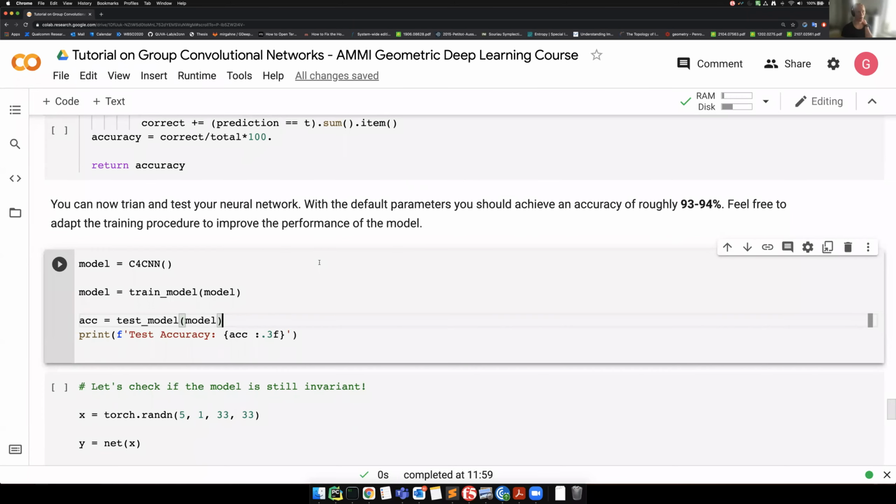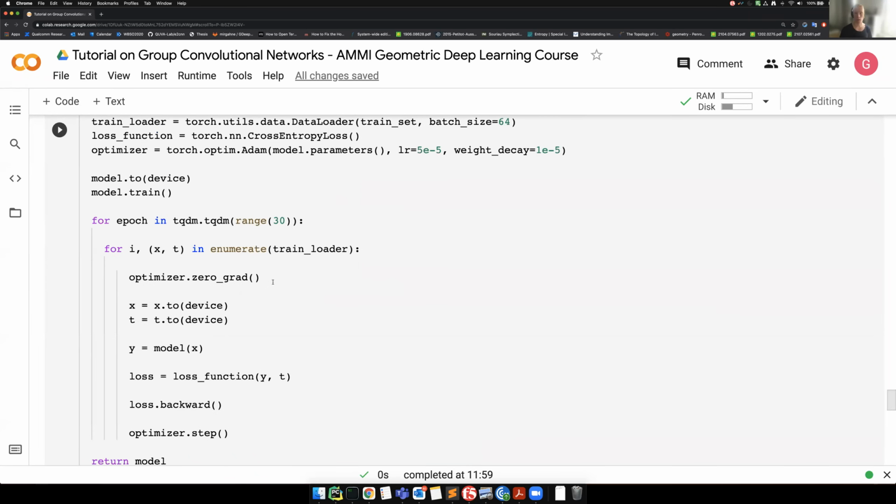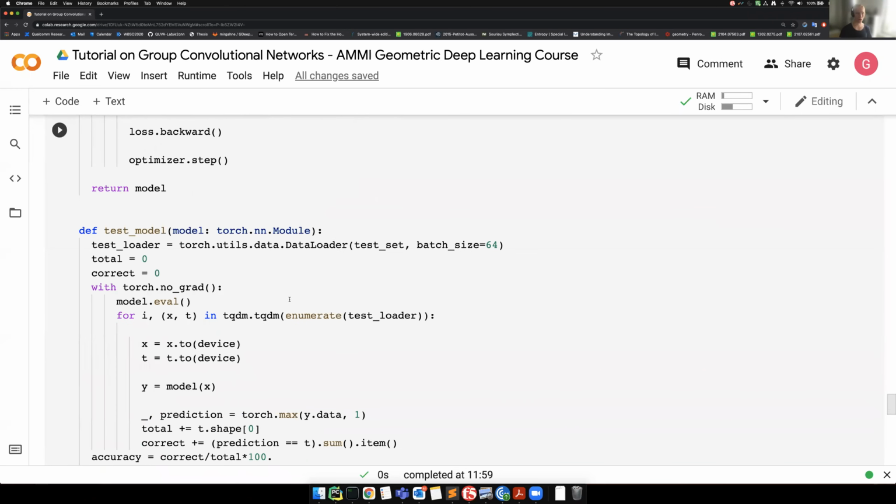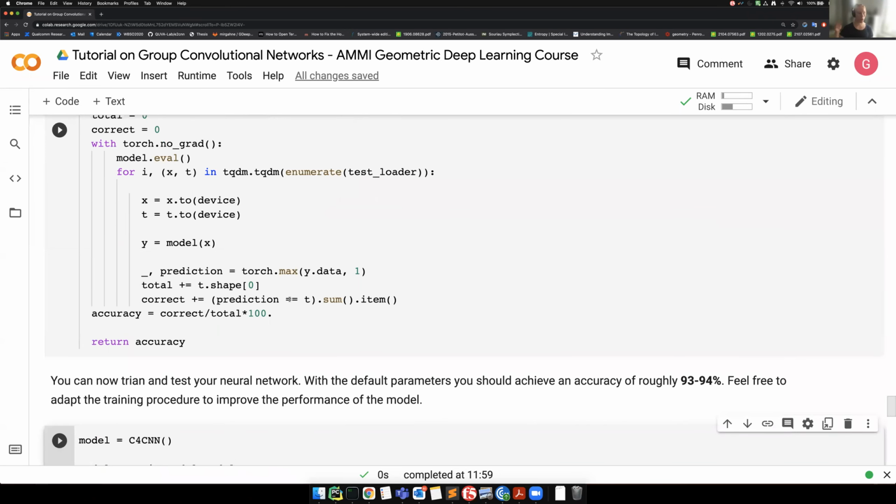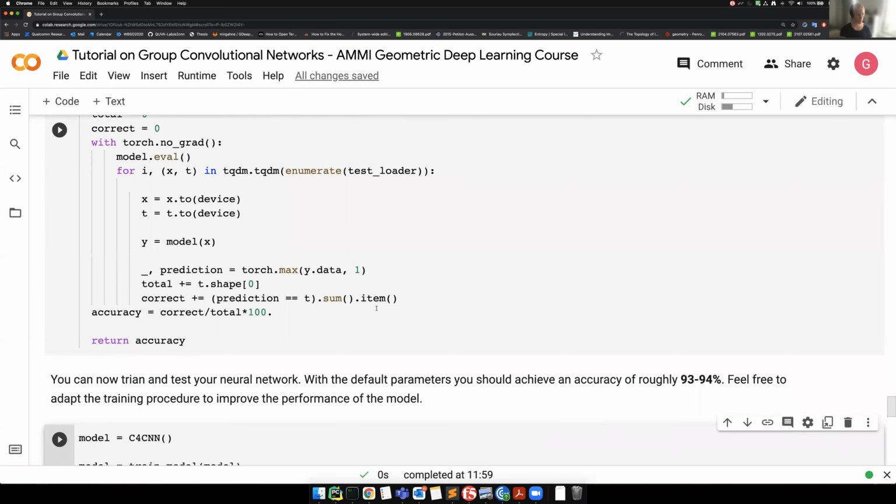I'm training these models very little, it should take literally 2 minutes to train a model and test it, maybe 3. Remember to set the GPU on Colab, not the CPU, but this should already give you a good accuracy. But I mostly set these parameters randomly, so you can manually change parameters, try to train the model for longer, change the batch size, make your model a bit deeper, and try to get better results.